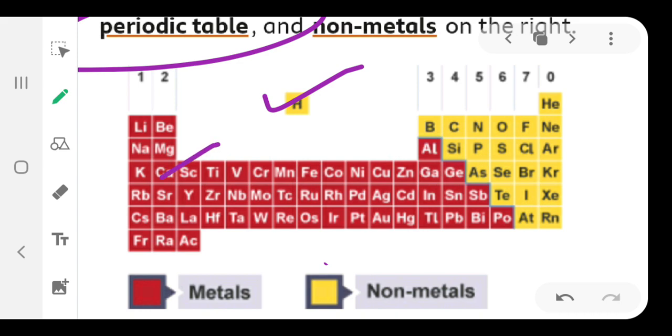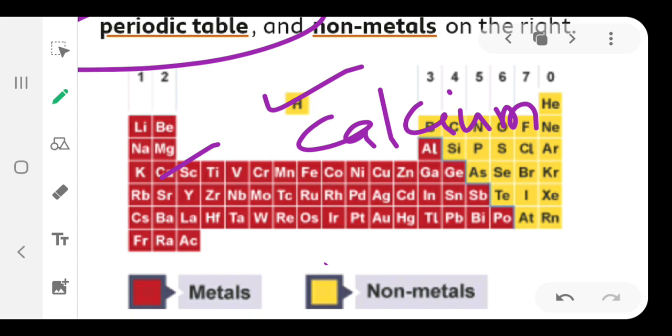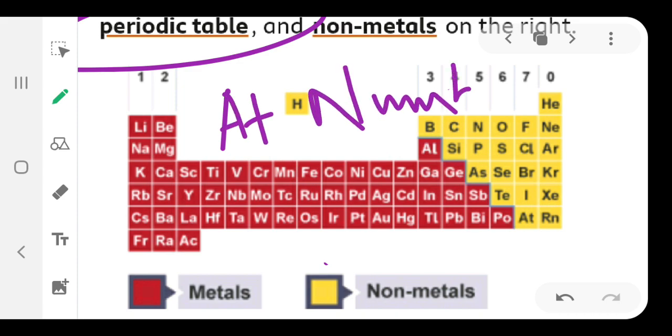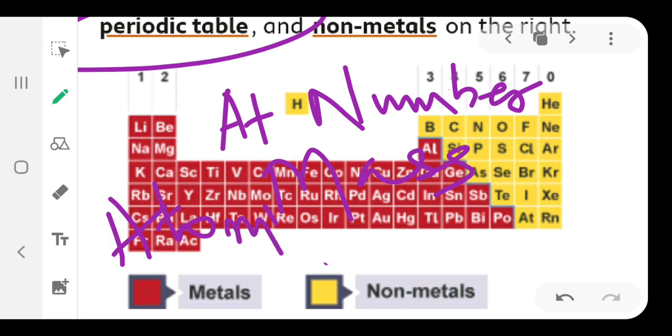They have different types of terms. Some of them I hope you might be knowing. If not, one term we will use is atomic number, and the other is atomic mass, or mass number.